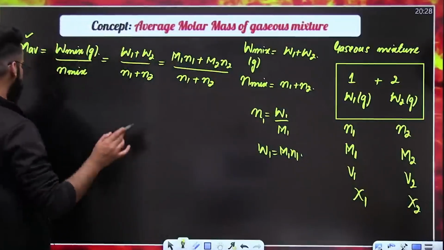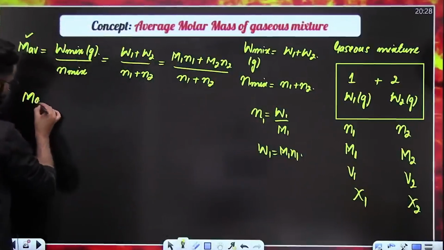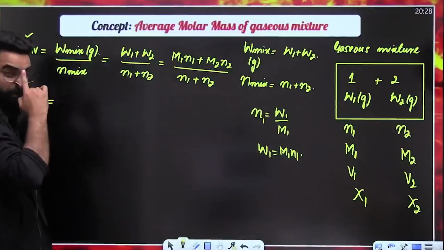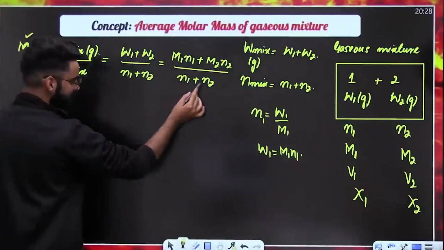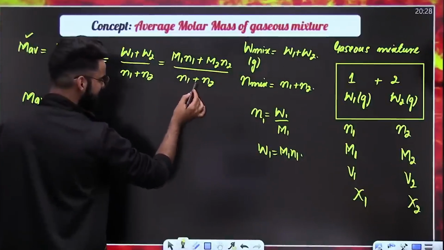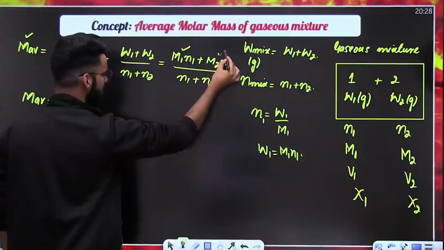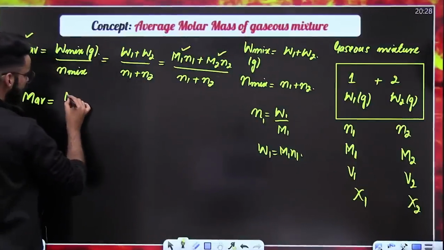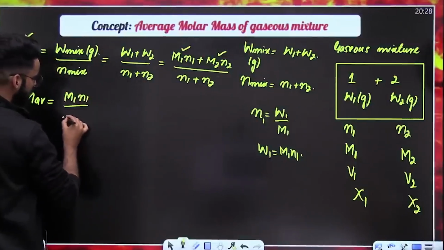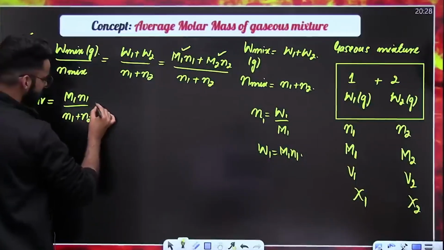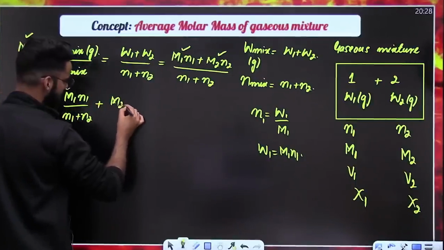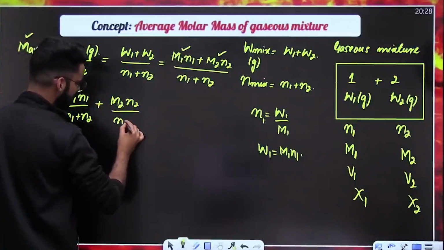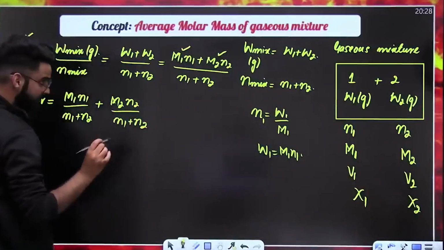Similarly, dear students, in order to calculate the average molar mass of the gaseous mixture, we can use one more. This denominator N1 plus N2 is the denominator of this term as well as of this term. I'll write M1 N1 divided by N1 plus N2, plus M2 N2 divided by N1 plus N2. It does not make a difference, right?